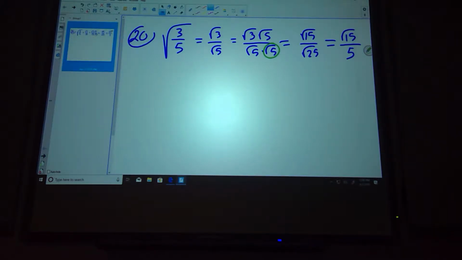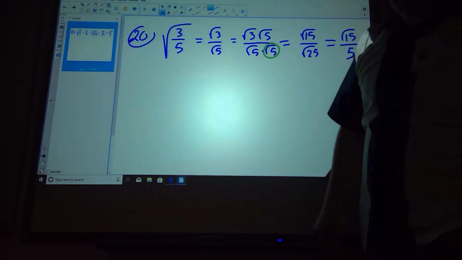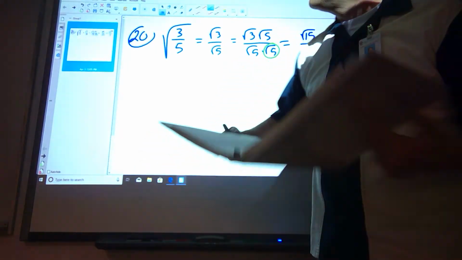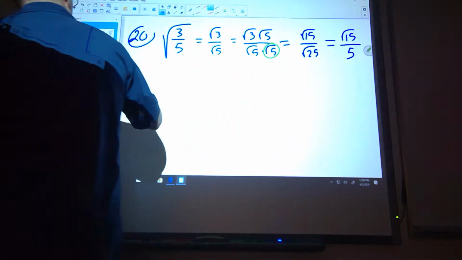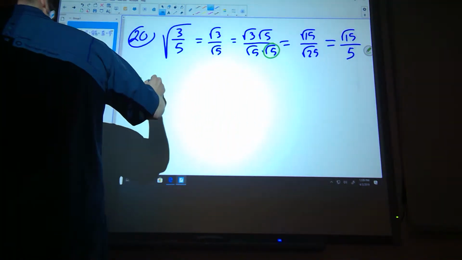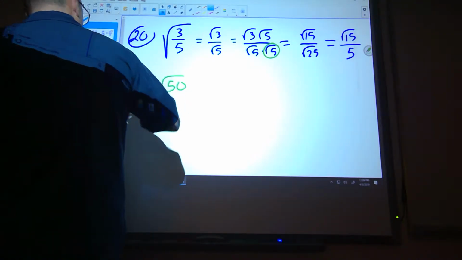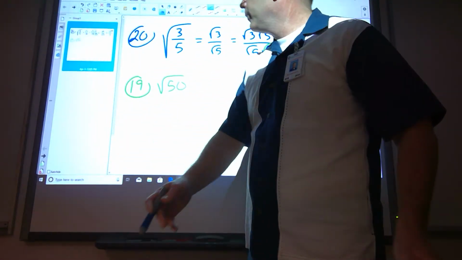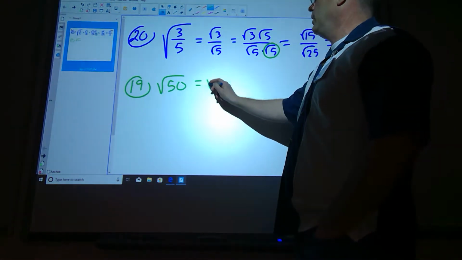What else did you see on this worksheet? Did you like to go over? 19. 19? Yeah. Oh, it's another one that has some sort of error in it, huh? Okay. So we got root 50. All right, so let's see what we did. The next step should be this.